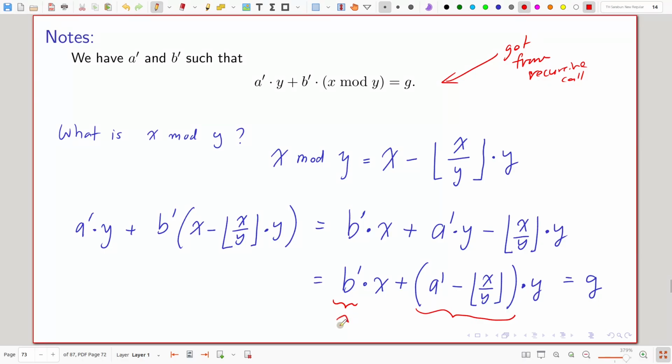So this is our A, and this is our B. So basically the recursive call gives you this, and you do some calculations, extract all the numbers, plug in X mod Y, and rewrite a little bit, and this will be our formula.